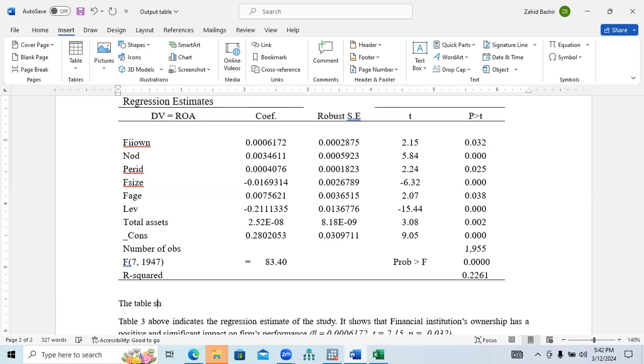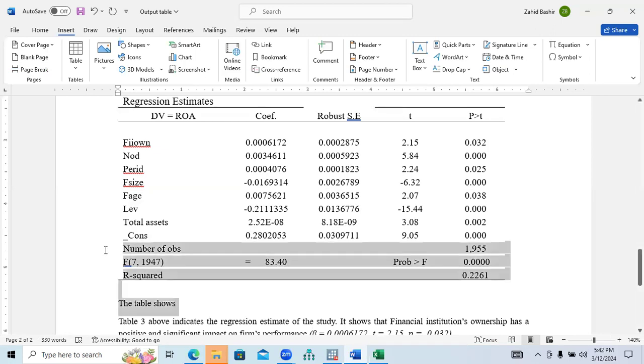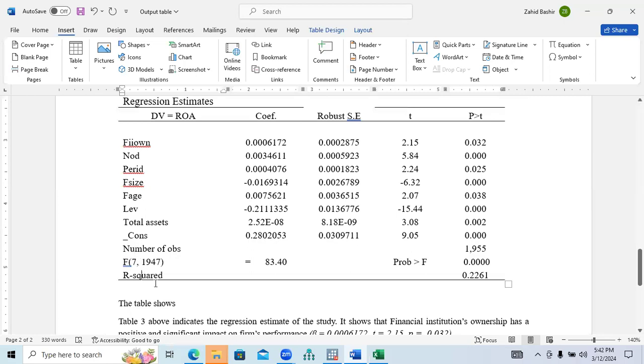The table shows. Always remember that these are the things: number of observations, F value, and R square. These are the things that you need to interpret at first. Then you will provide the interpretation of your independent variables in the second instance.